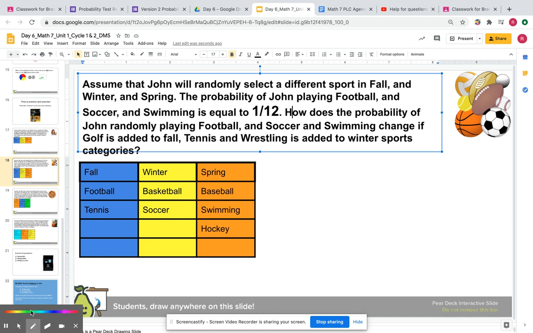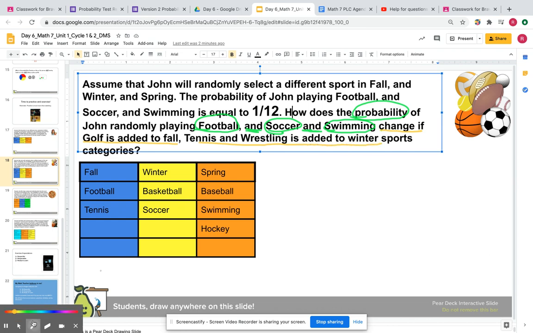Okay. So, what are we finding? Go ahead and think about it and respond to me. Okay, I hope you're able to identify that we're finding the probability of John playing football and soccer and swimming based on the change. Let me actually use a different color. Based on the change of golf being added to fall, tennis and wrestling being added in winter.